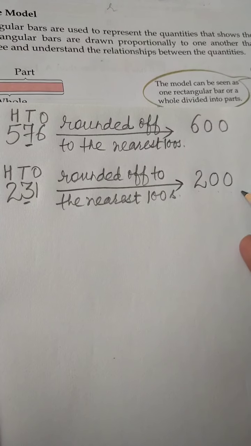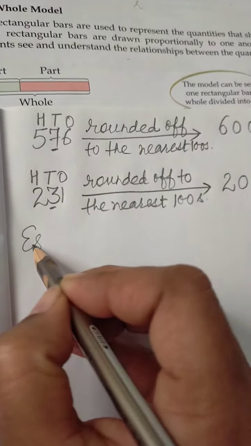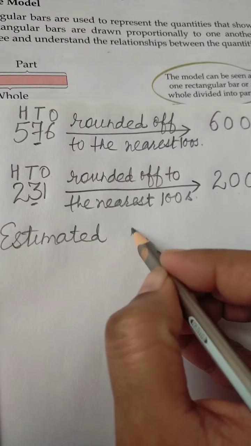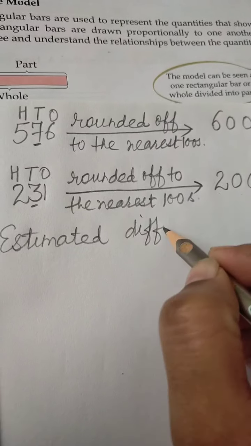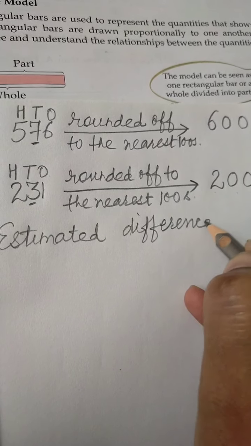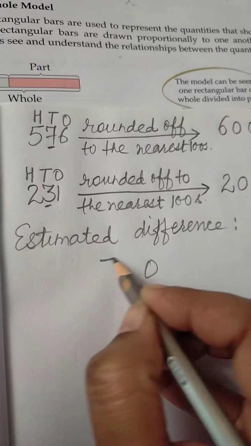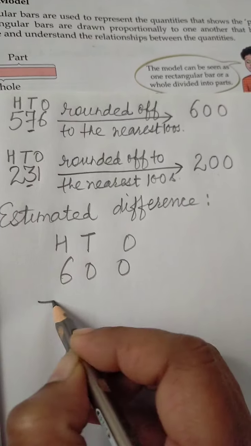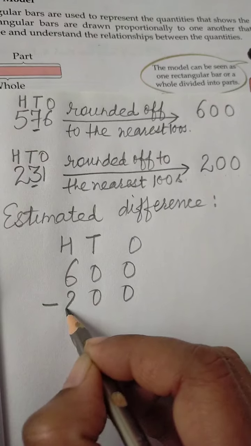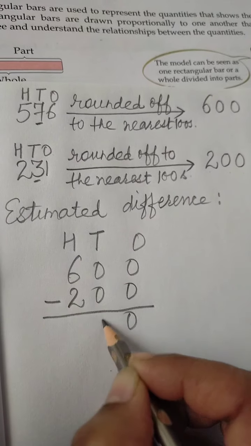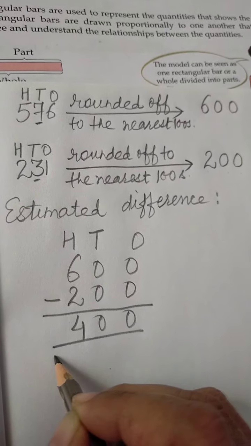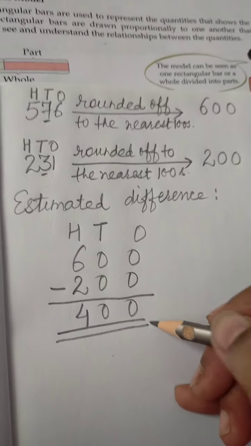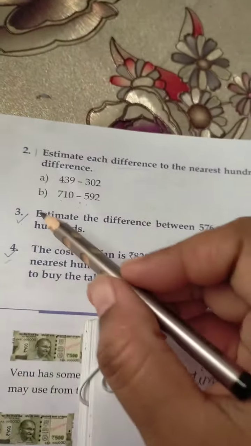So here we got 200. Now the estimated difference. Here ones, tens, hundreds. 600 minus 200. Here we got 400. This is the estimated difference to the nearest hundreds. Yes students, like this the third sum is over.